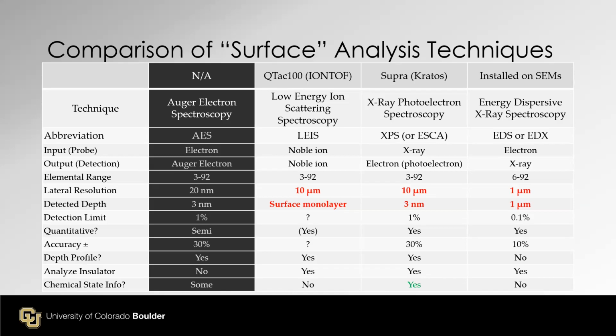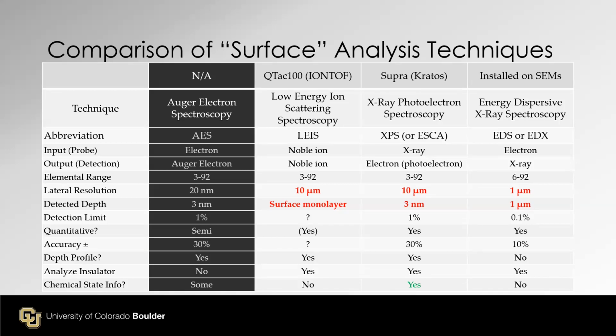Okay. So let's start with the instrument we don't have, Auger. It's often called AES. And when you think about characterization tools, what's in and what's out, those are important things. You have to pay attention to those things.